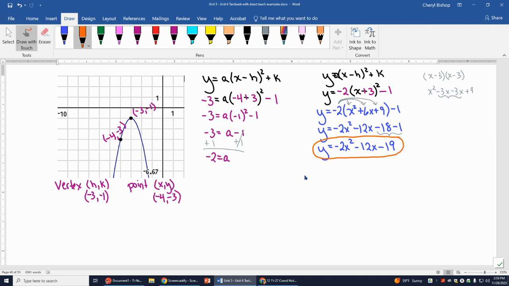So in my quadratic formula, x is going to equal negative b plus or minus the square root of b squared minus 4ac. a is negative 2, c is negative 19, all over 2a. a is negative 2.